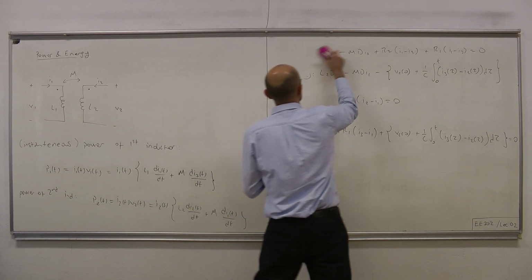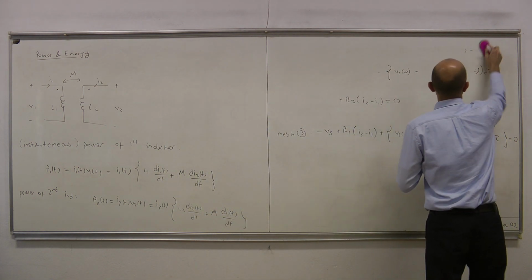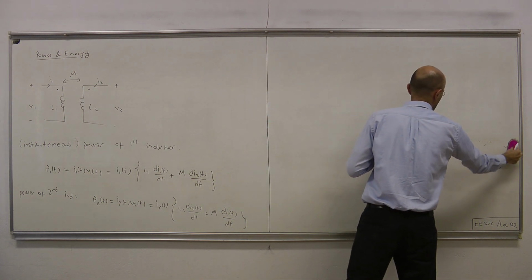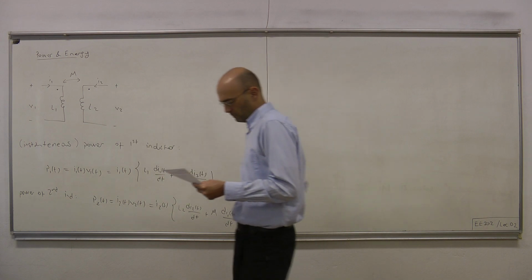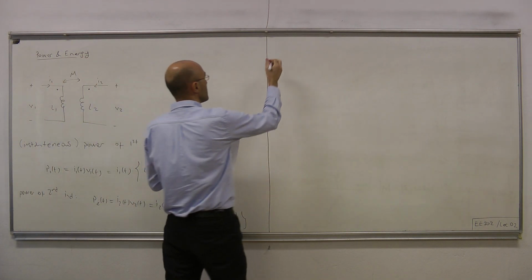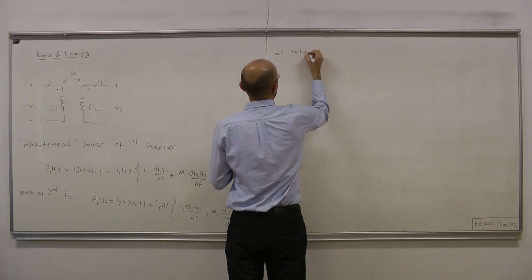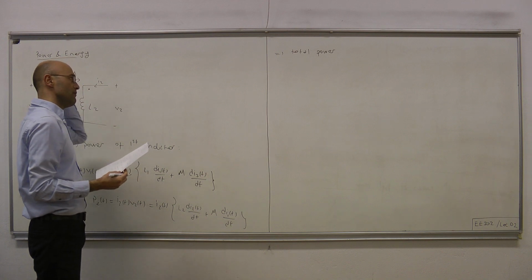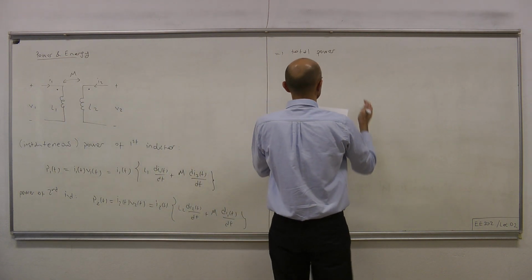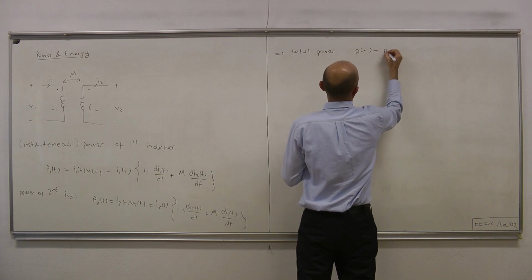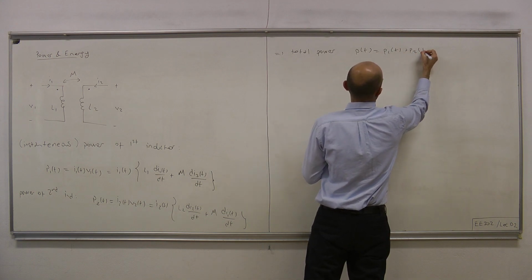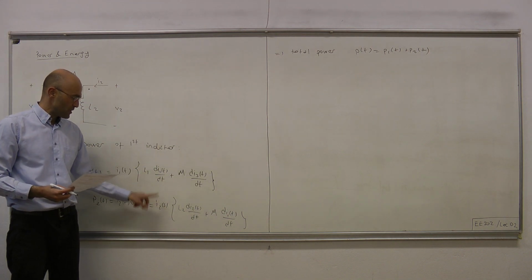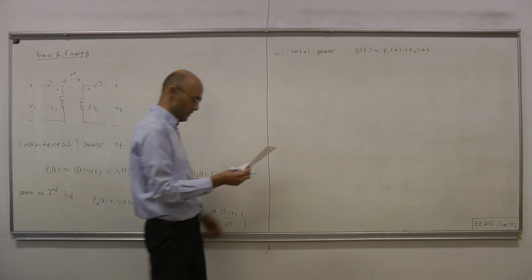So let's do the sum. So the total instantaneous power for this device at any given time equals P of t, and that's P1 of t plus P2 of t. So let's write that sum using the expressions that we obtained earlier.